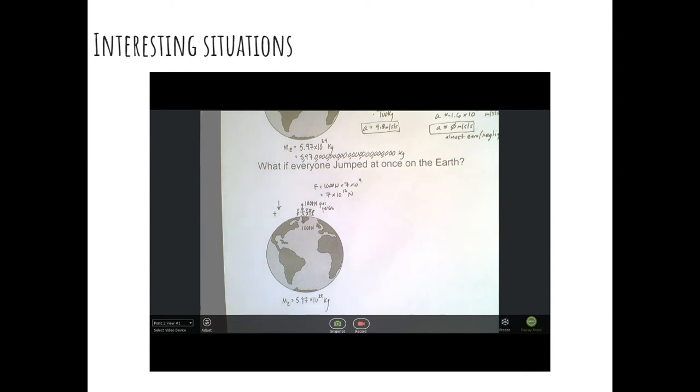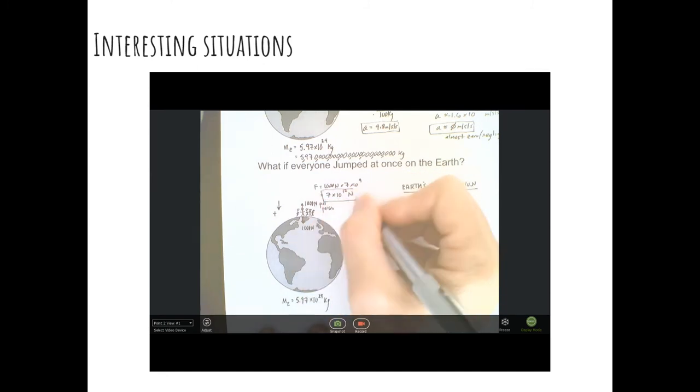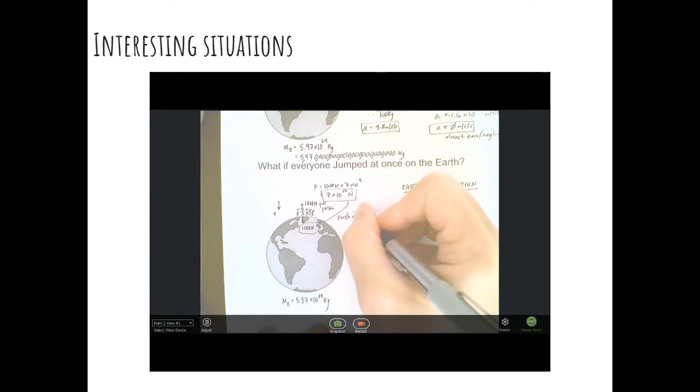Okay, that means the Earth should experience that. So let's figure out the Earth's acceleration. So everybody jumps, and we've got about 7 times 10 to the 12 newtons of force pushing down on Earth.